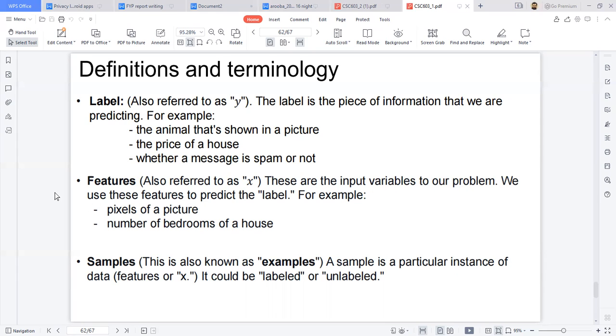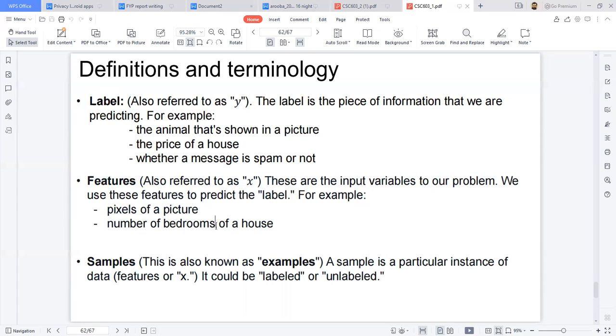Yeah. So actually, these features are the columns. For example, if we have a table, the target variable will have the labels, like dog, cat, whatever. Features are the columns, like the pixels of a picture, number of bedrooms, number of washrooms, number of floors.